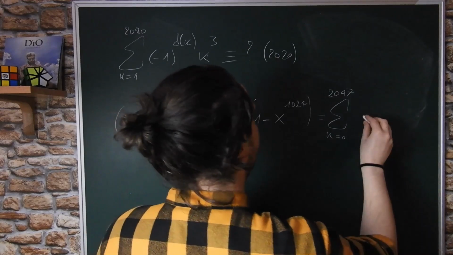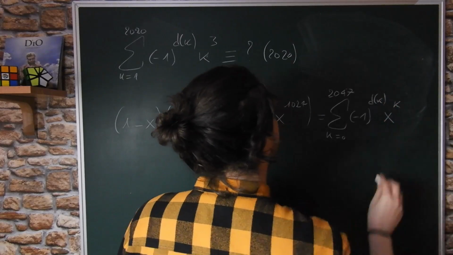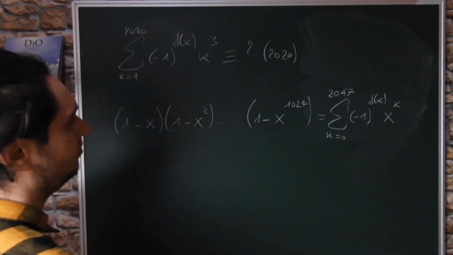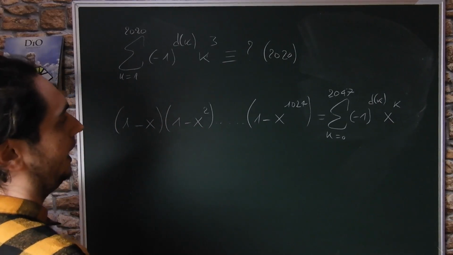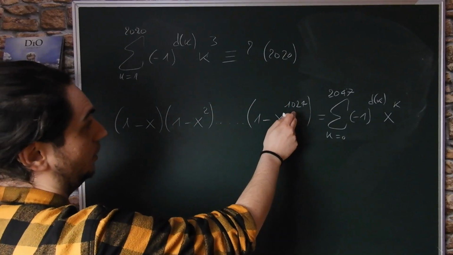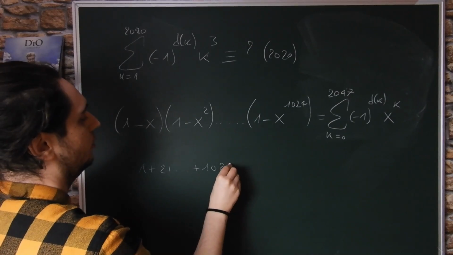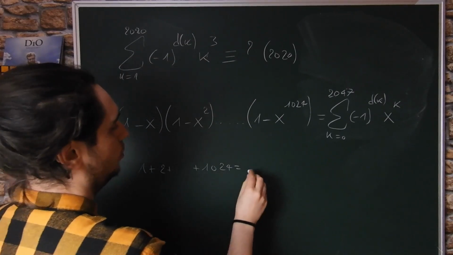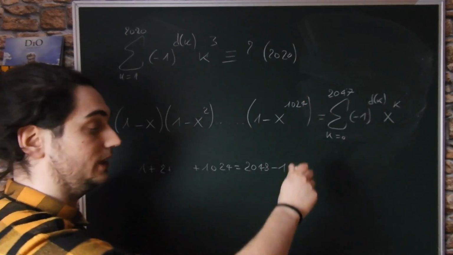Let me explain why 2047. Well, because the biggest power in which x appears in this polynomial is exactly 1 plus 2 plus up to 1024, and this is very well known, it is exactly the next power of 2, so 2048 minus 1. So this is exactly 2047.